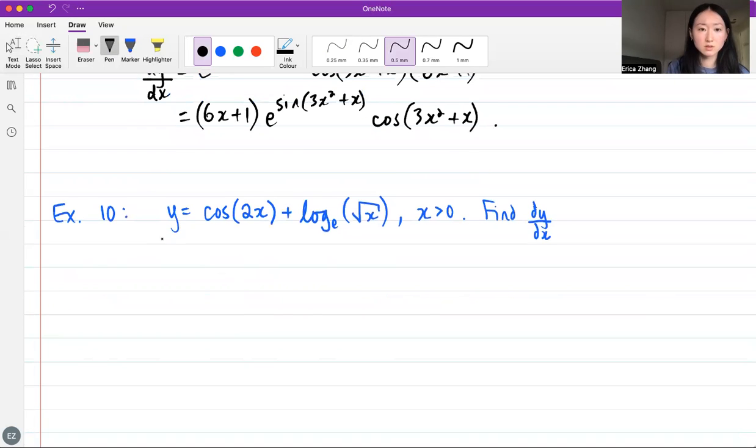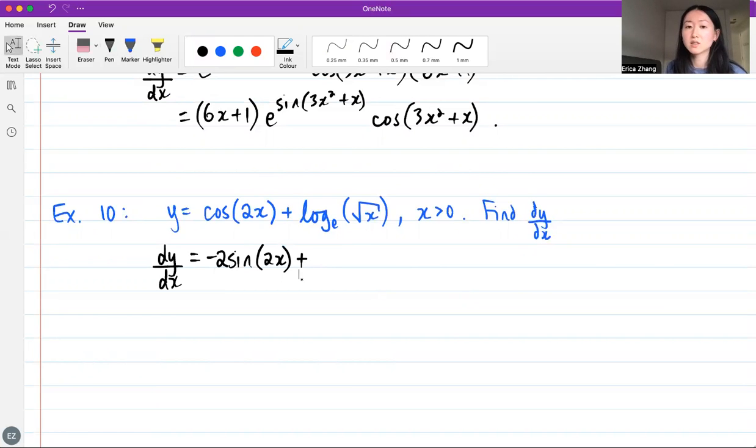Final example. A derivative of cosine is negative sine, so negative sine of 2x. Now by chain rule, we have to take the derivative of this inside, which is 2. Okay, so just put it here. Plus, once again, chain rule. Derivative of log base e of x is equal to 1 over x. But here we have a composite function. So we first of all go 1 over root x.